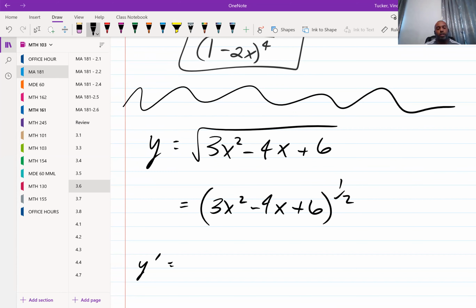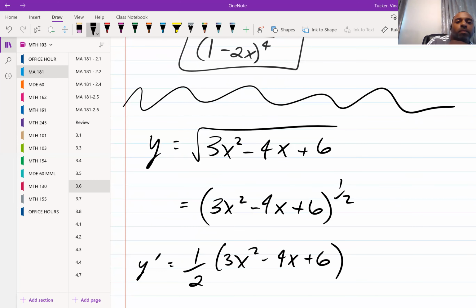So if I wanted to take the derivative of this, don't forget, once again, no matter what the exponent is, first move is to bring it out front. So it's 1/2. And then we subtract 1 from it. So it means we'll have negative 1/2.